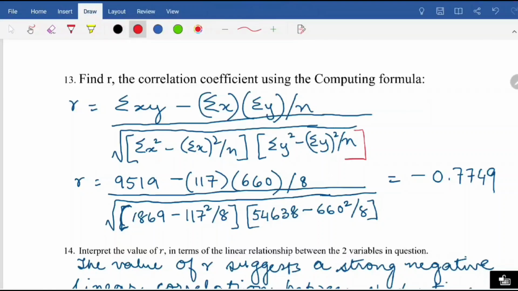All right. Now, sigma x times y minus sigma x times sigma y divided by n is the numerator in the formula, divided by the square root of sigma x squared minus sigma x whole squared divided by n, as well as sigma y squared minus sigma y whole squared divided by n.